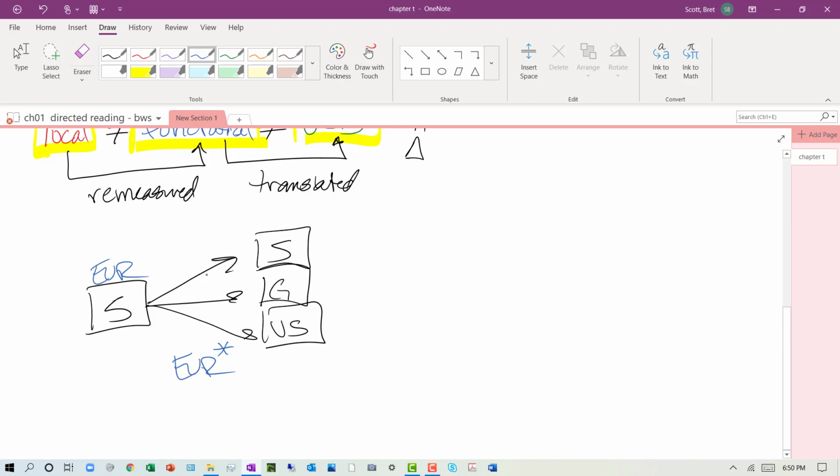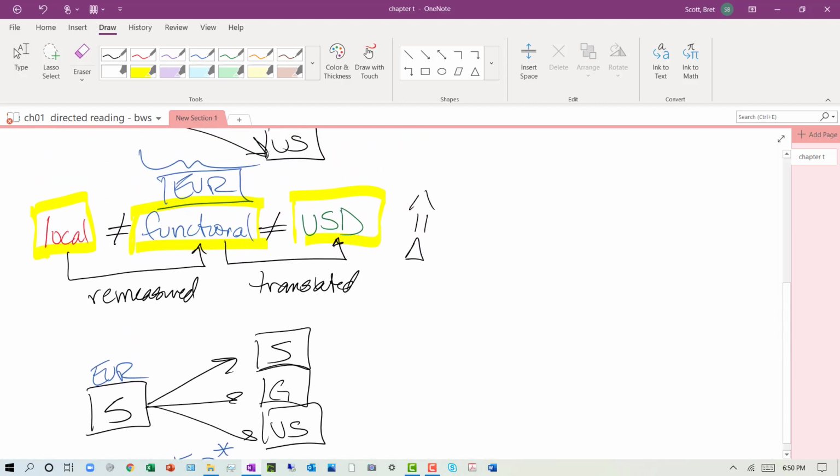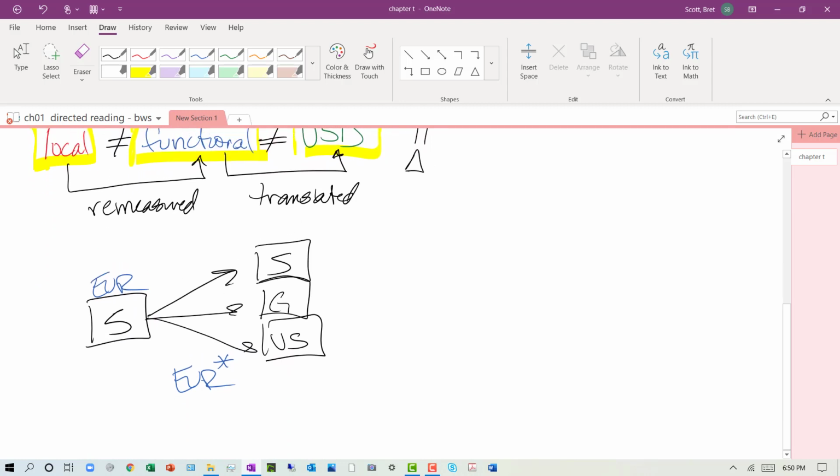If that's the case, then following the same suit as above, the local currency equals the functional currency, meaning that it does all its business in euros. Just go ahead and do the accounting in euros. Most subsidiaries, most companies, their local currency is their functional currency. It's just easier that way. So this is by and large the most common situation we see.